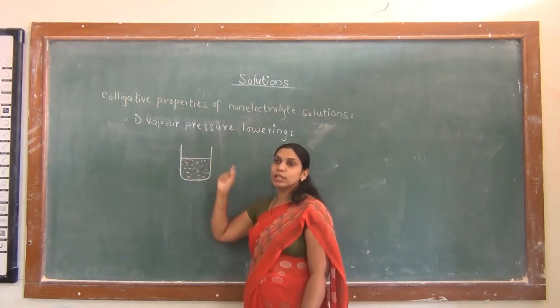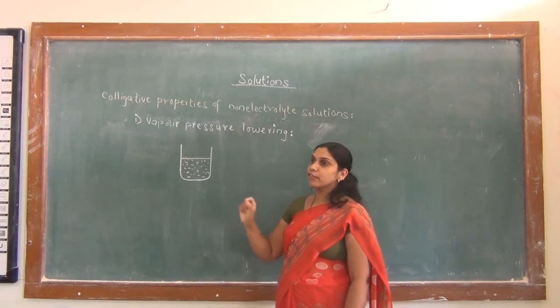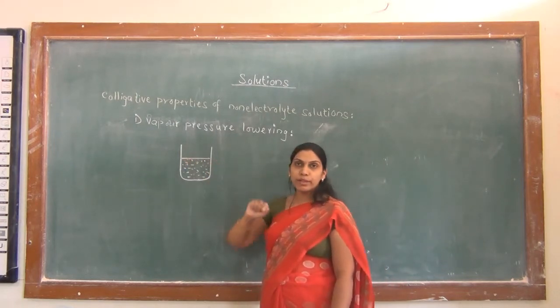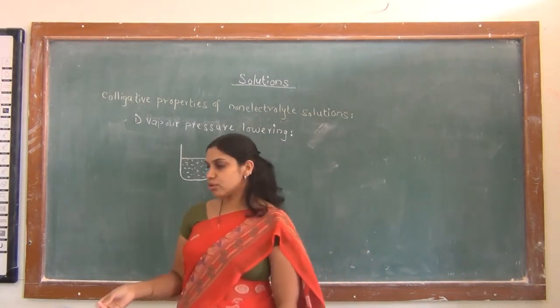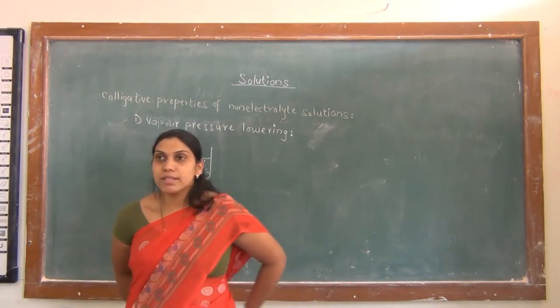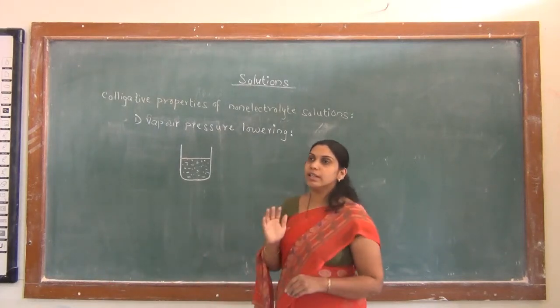As these solute molecules occupy some places on the surface of the liquid, what happens? The number of solvent molecules present per unit surface area of the liquid is decreased.